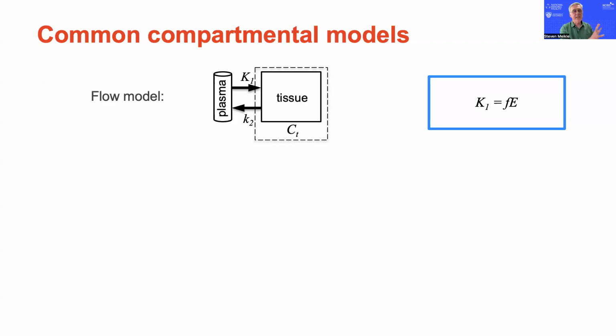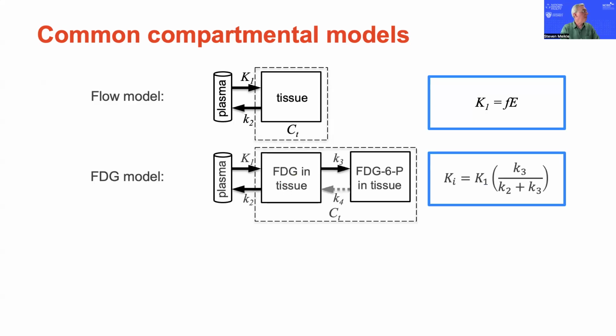In these models, the tracer in the blood, in this case, the plasma component of the blood, we don't treat that as a compartment. You'll see in some of the pharmacological textbooks, they often regard that as a compartment in its own right. But in PET, we usually just refer to the tissue spaces as being the compartments. So that's a single tissue compartment model for describing a freely diffusible tracer.